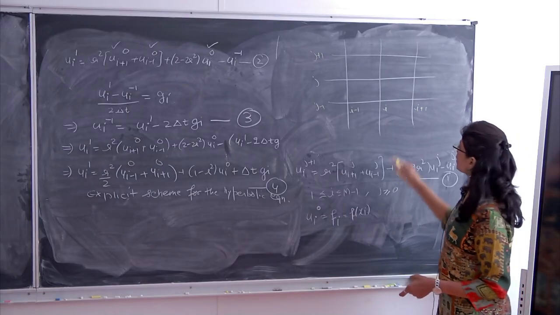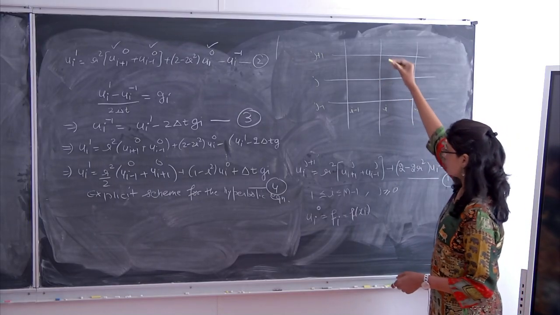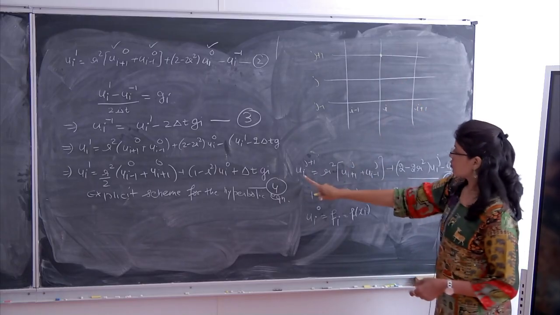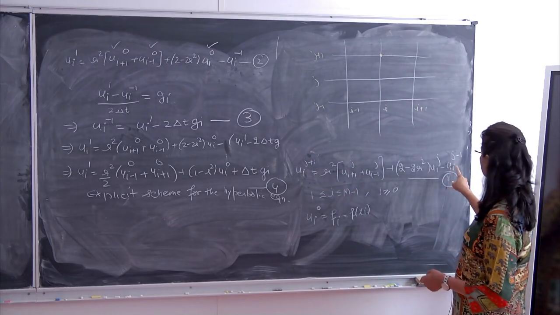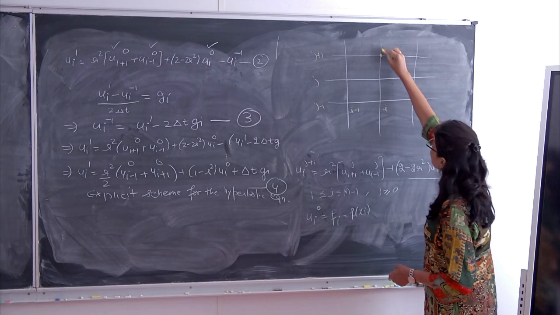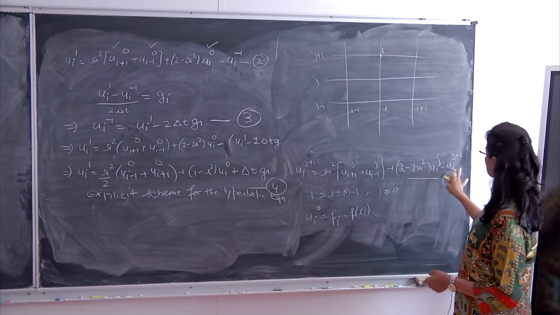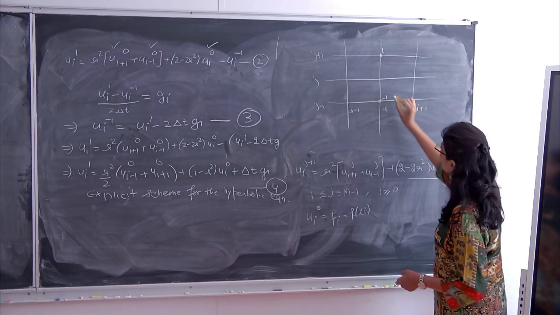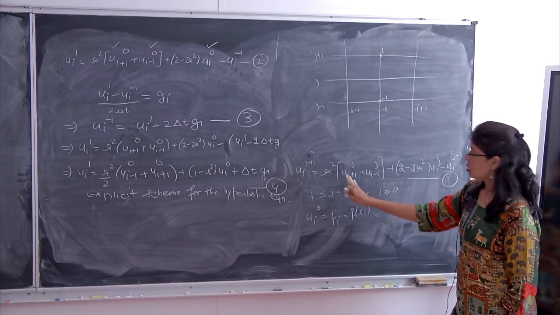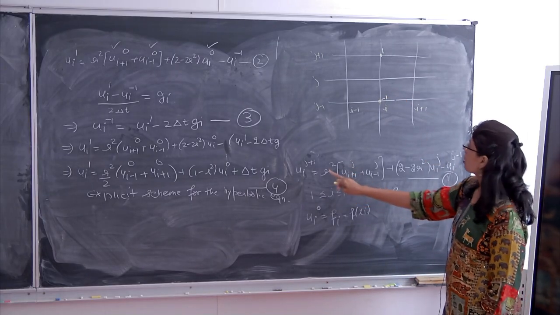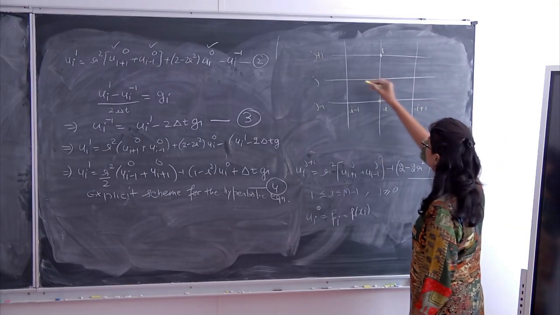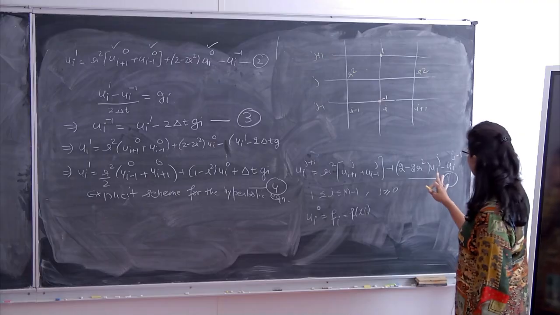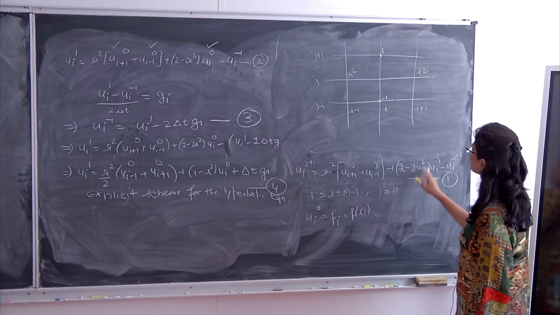So, your u_i^{j+1} is this one, with minus 1 times u_i^{j-1}, which is this, and u_{i+1}^j with r^2. So, here this is r^2, this is r^2, and u_i^j has 2 minus 2 r^2.